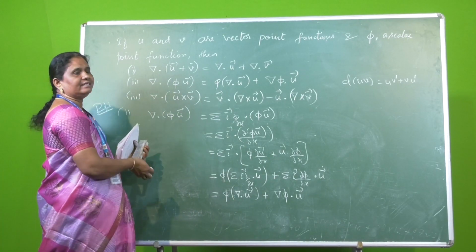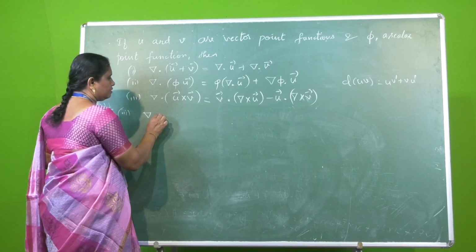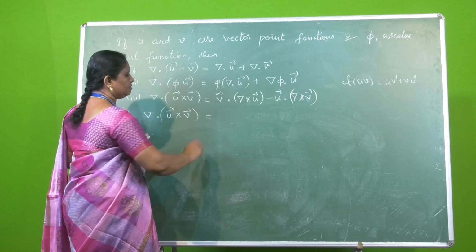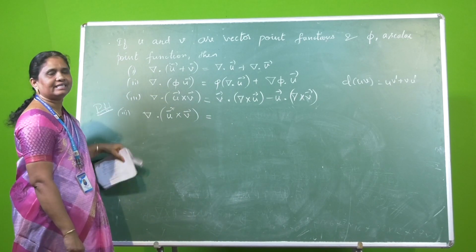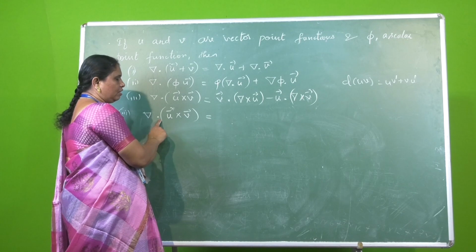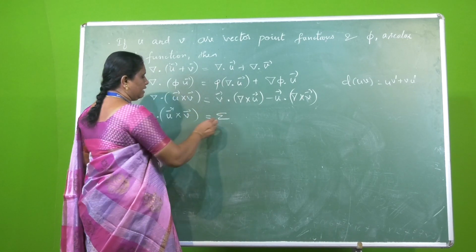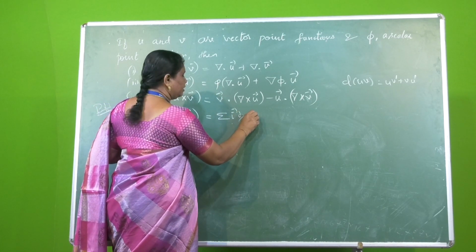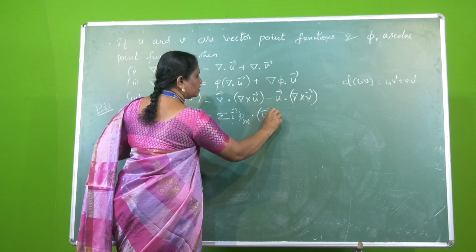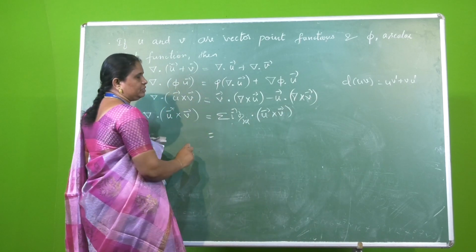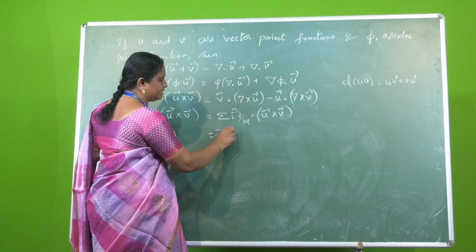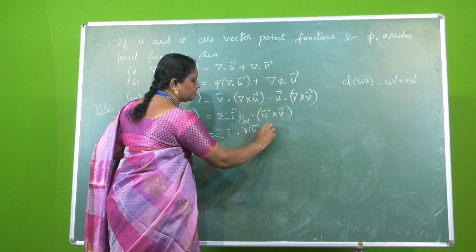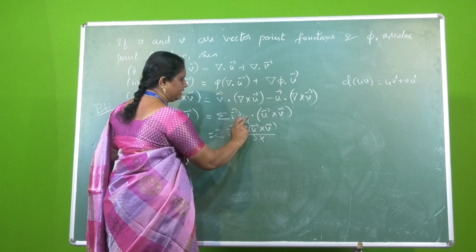And next let us see the third formula proof, del dot u vector cross v vector. So we have taken the left hand side of the third formula, del dot u vector cross v vector, and instead of del we are replacing summation i dou by dou x dot u vector cross v vector, which we can write in the next step as summation i vector dot dou of u vector cross v vector by dou x.